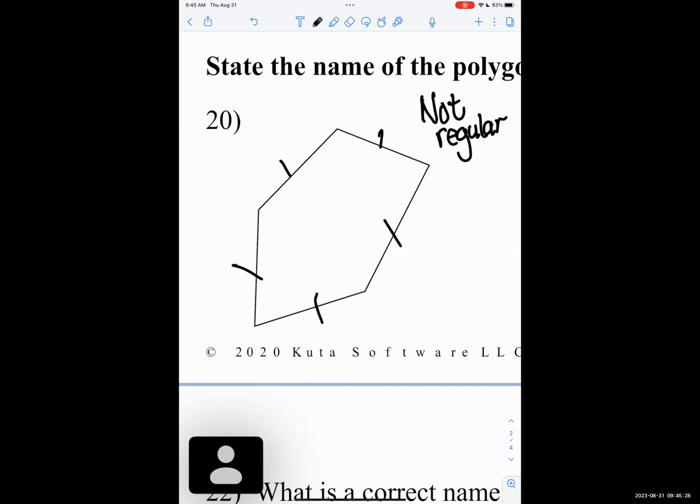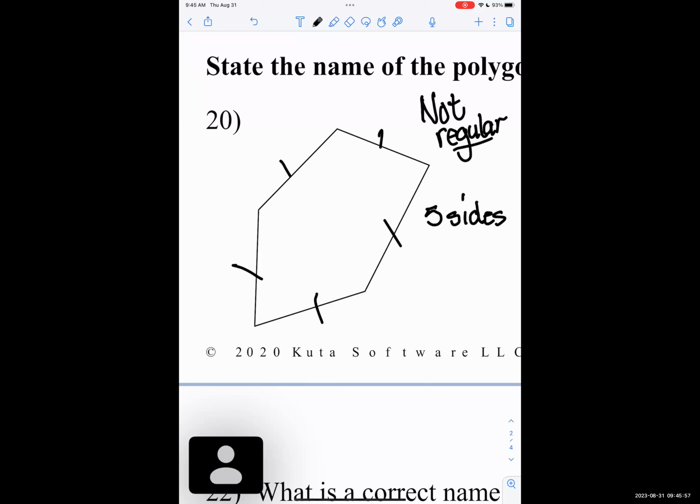Awesome. To be regular, it would have to have equal sides and equal angles. Those little marks that I made are not saying equal sides. I was just counting the sides. It looks like it does not have equal sides or equal angles, so it's not regular. So it has 5 sides.